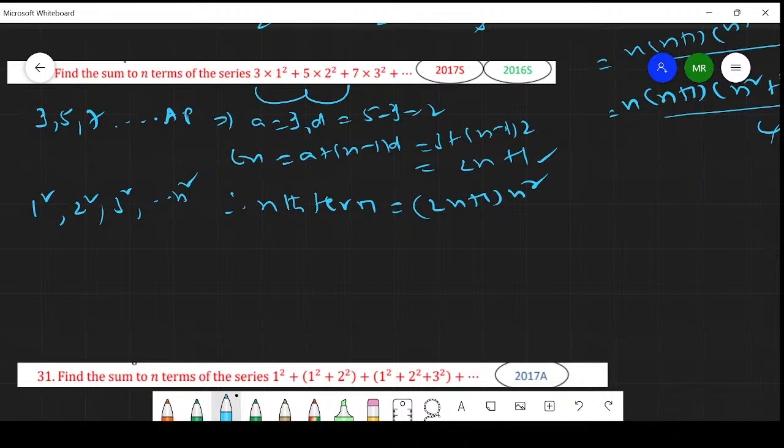Now you can multiply this. So this is nth term of the given series I am getting here.